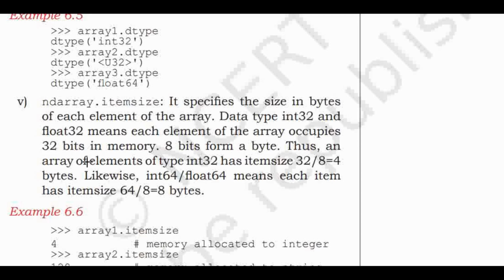Thus an array of elements of type int32 has item size 32 divided by 8, which is 4 bytes. Likewise, int64 and float64 means each item has item size 64 divided by 8 equal to 8 bytes.